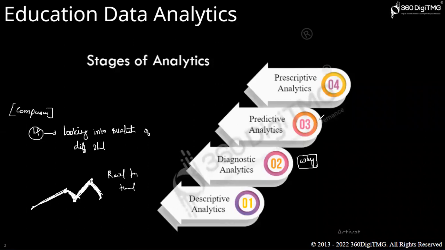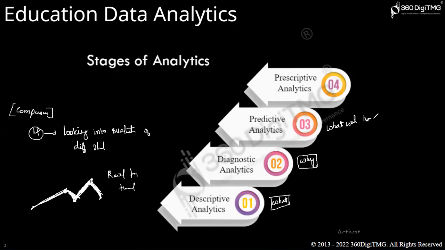Then we have the next stage, which is called predictive analytics. In predictive analytics, now we know what happened in the data, and we know why it has happened. So the next approach will be: what would happen?